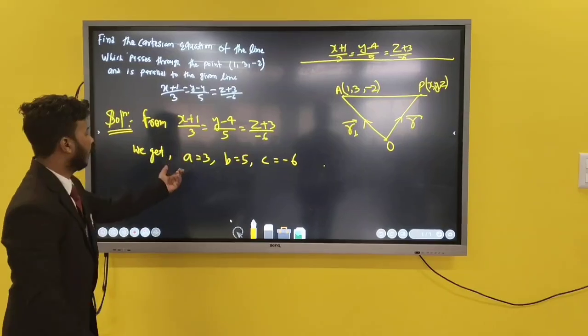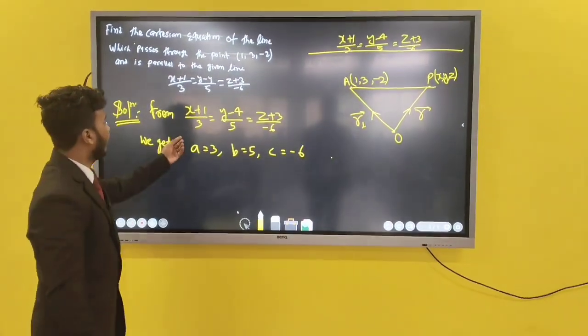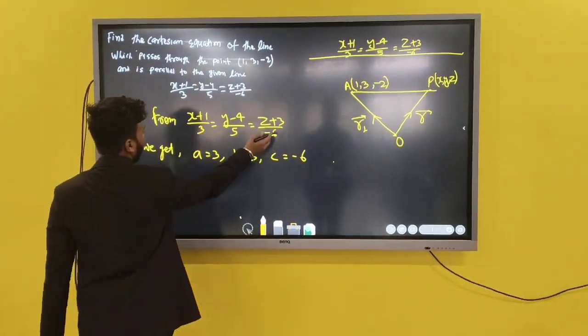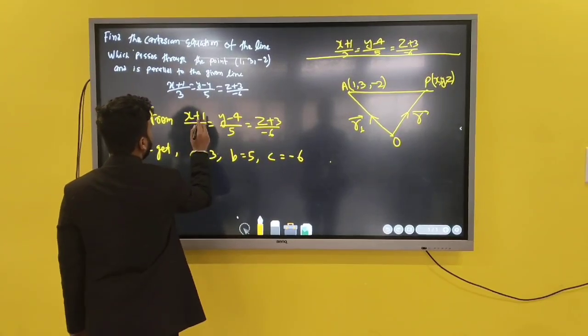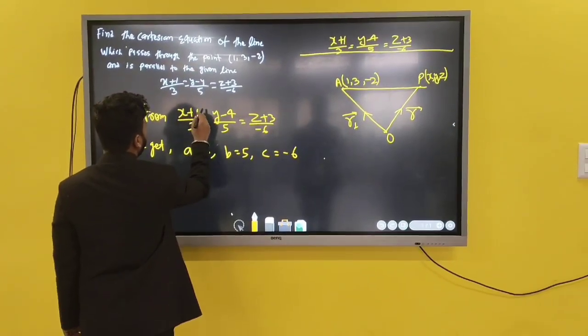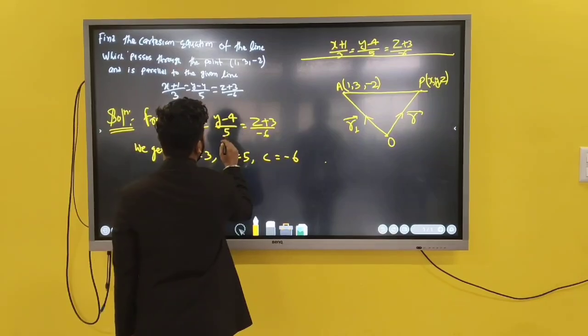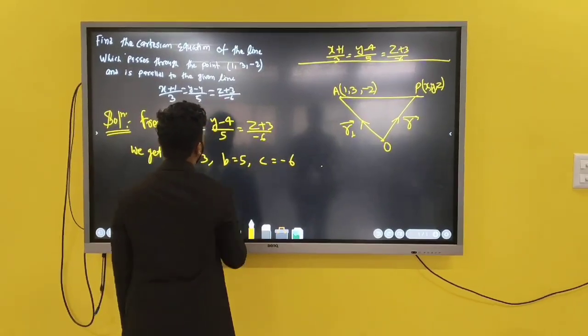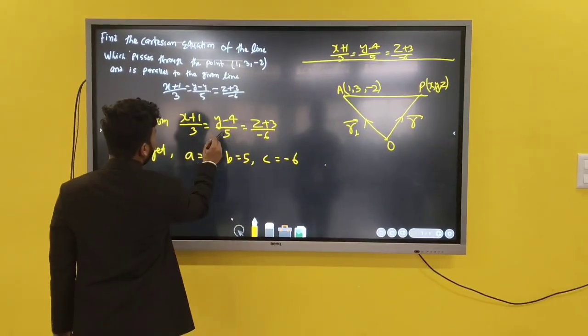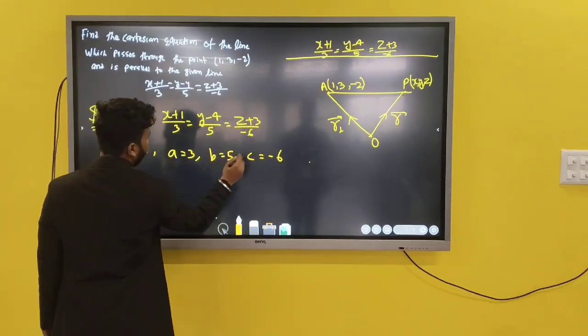This is because a, b, c are the direction ratios, and the normal form of this equation is (x-x1)/a = (y-y1)/b = (z-z1)/c. Comparing, the values of a, b, c become 3, 5 and -6.